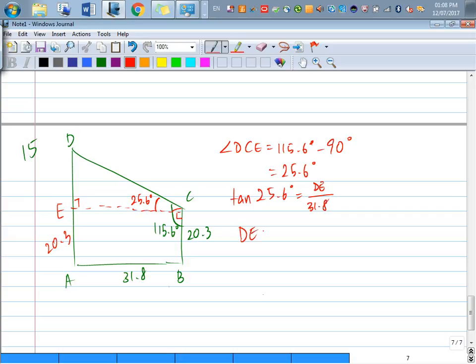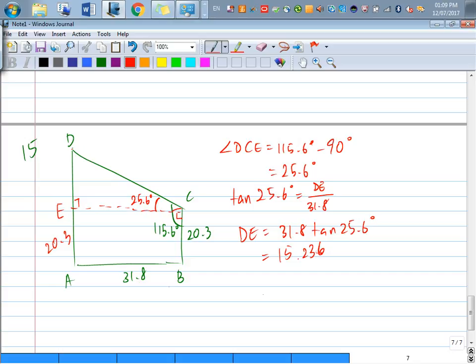So DE equals to 31.8 tangent 25.6 degrees. We have 15.236. Okay? This is an intermediate step. I will leave it like this. I'm not going to round it off.